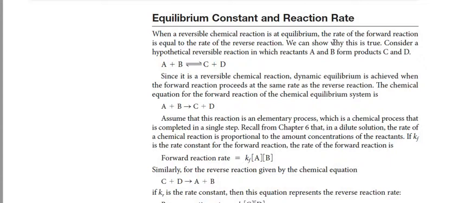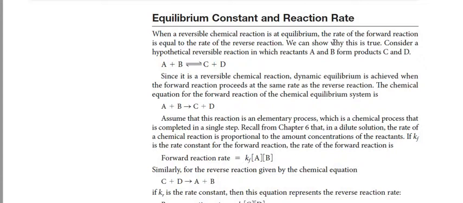Recall from chapter 6 that in a dilute solution, the rate of a chemical reaction is proportional to the concentration of reactants. If Kf is the rate constant for the forward reaction, we can write the rate of the forward reaction as Kf times the concentration of A times the concentration of B.